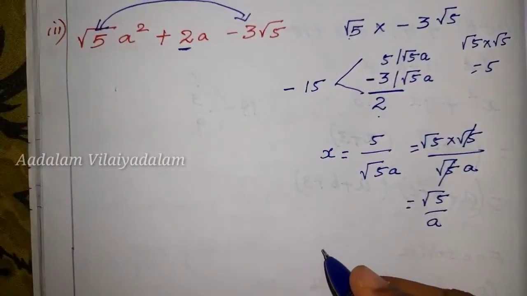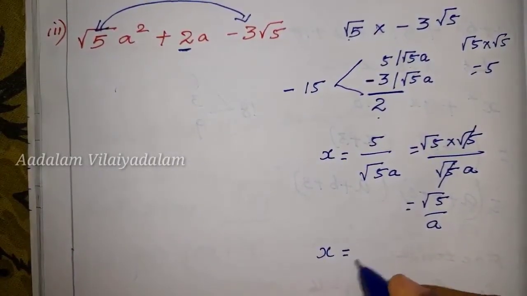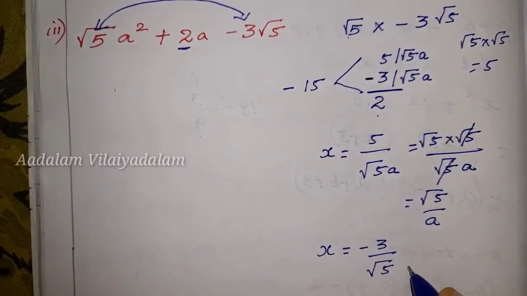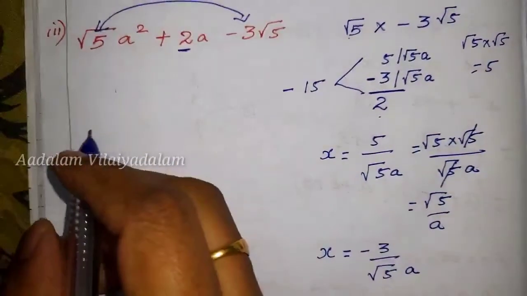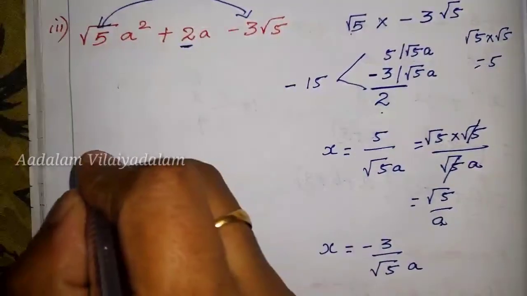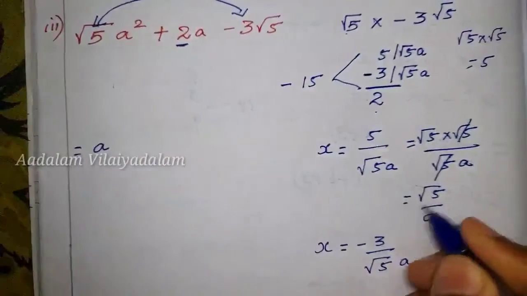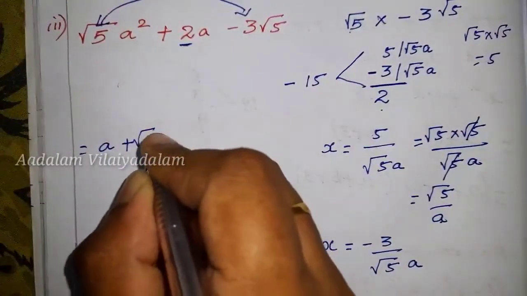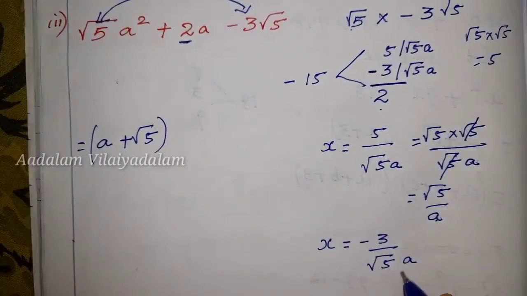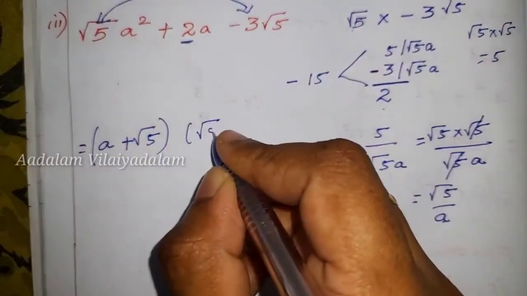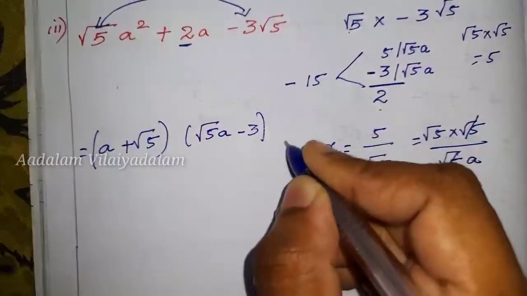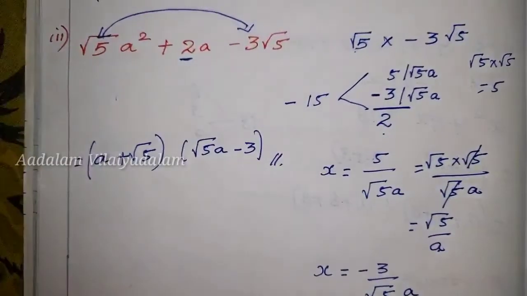The second one, x equals −3 divided by √5a. Now write the factors. The first factor is a, the denominator is a, so (a + √5). The second factor is (√5a − 3). So these are the factors.